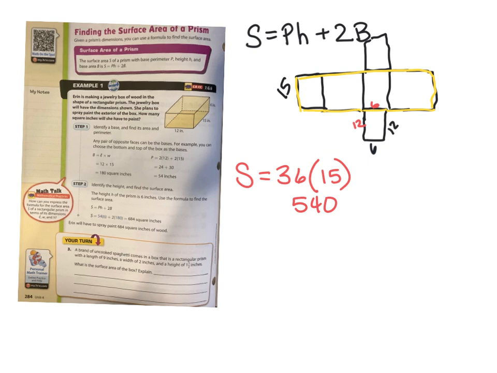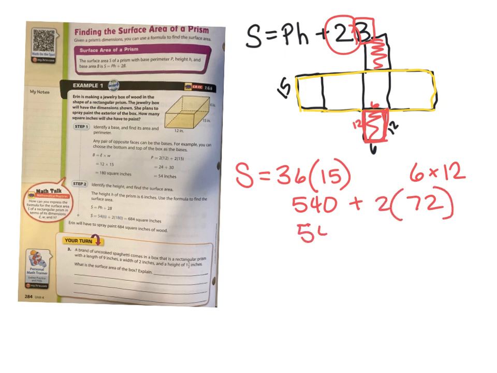Now I'm going to address the area of the base. This is my base, and it's a length times width, so it is 6 times 12, which is 72. But remember, I've got two of those. I have this one here and this one here, those two. So I will multiply that by 2 bases.